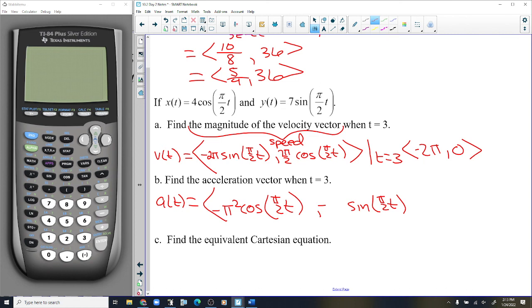If I take pi over 2 times 7 pi over 2, that's 7 pi squared over 4. Evaluate when t is equal to 3. Cosine of 3 pi over 2 is 0, so this is 0. Sine of 3 pi over 2 is 1. So negative 7 pi squared over 4.